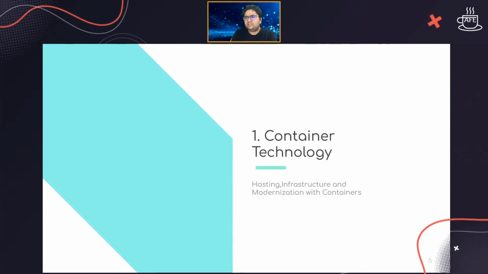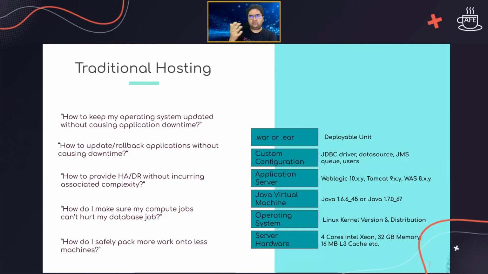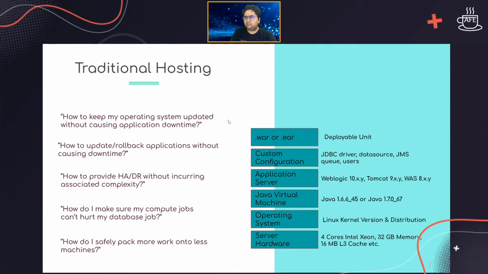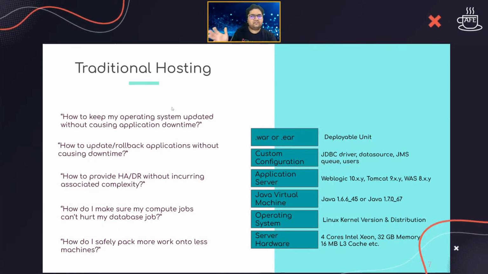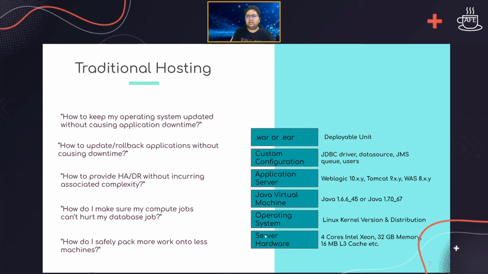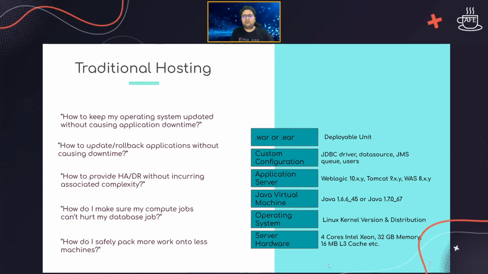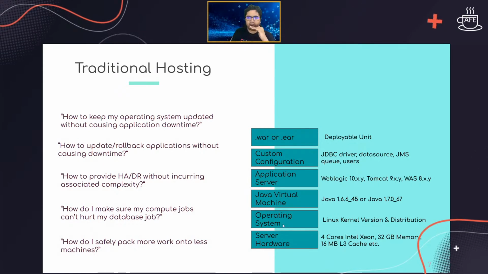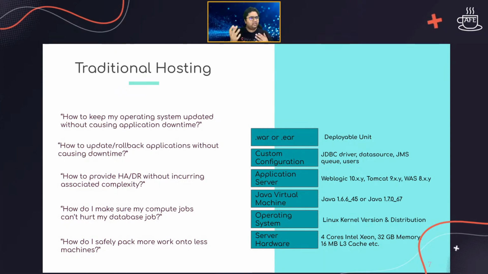All right. So that's hosting technology and hosting infrastructure. That's what we are going to be talking about in the beginning. Now, if you see the slide, the way traditional hosting works, you have server hardware, which is the base hardware with absolute fundamental physical infrastructure, of certain cores and certain memory. Then you typically have some kind of a Linux kernel and distribution, where you have an operating system layer, be it Windows or Linux.